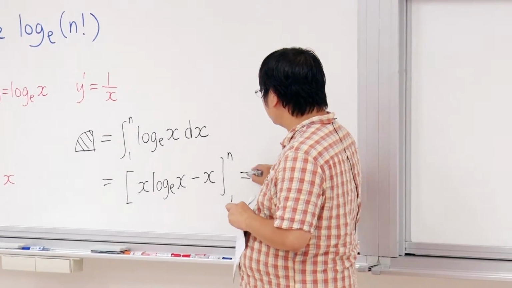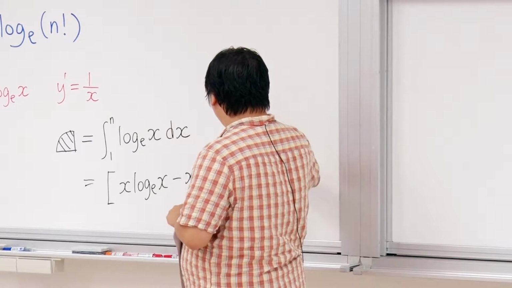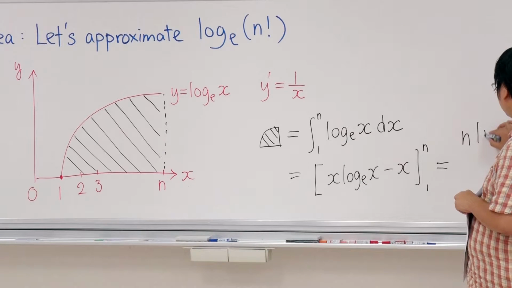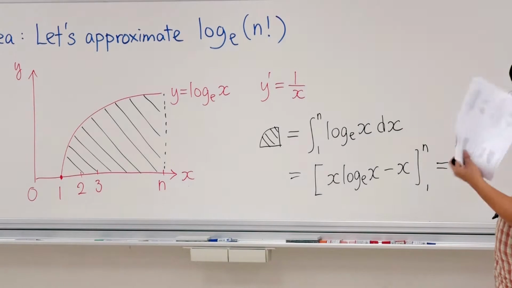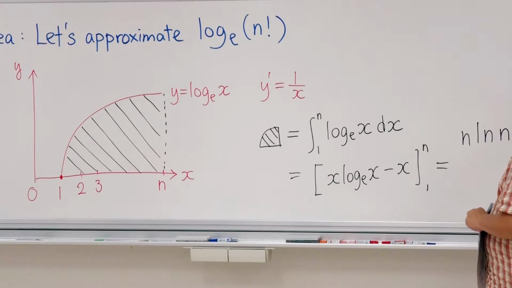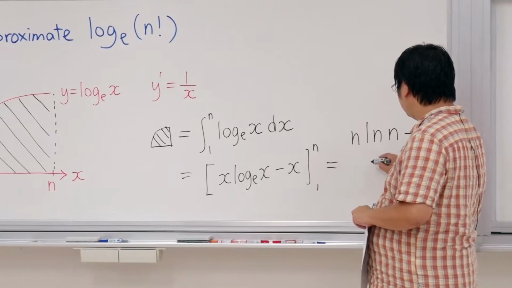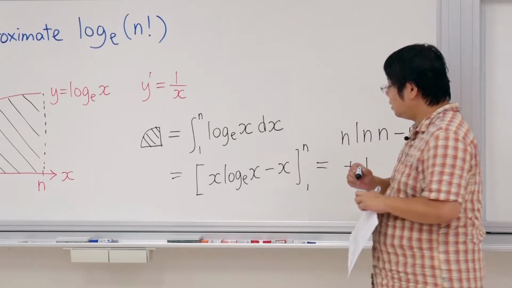So it's going to be n. Let me use log n to represent base e. So we get n log n minus n, and then at 1 this is 0 minus 1, so minus the negative gives plus 1, as the area.